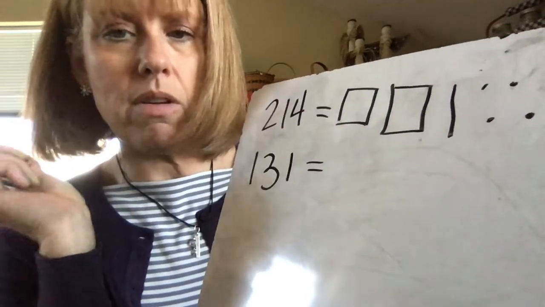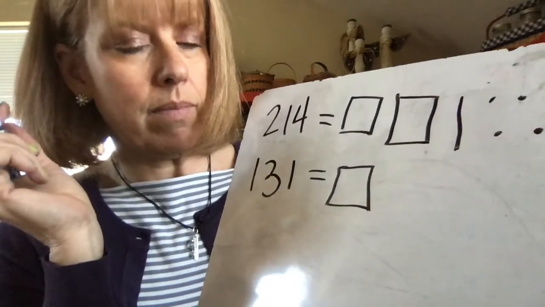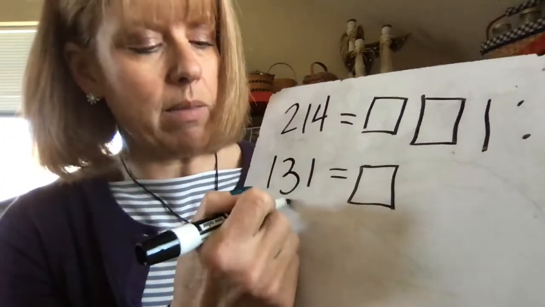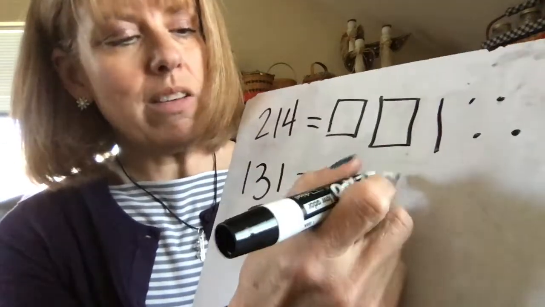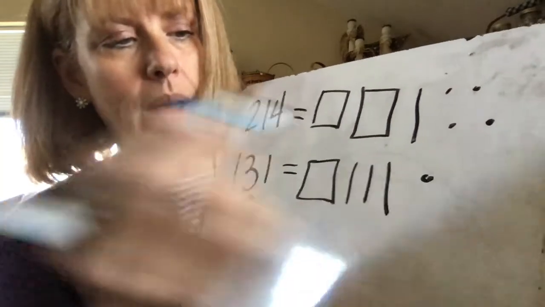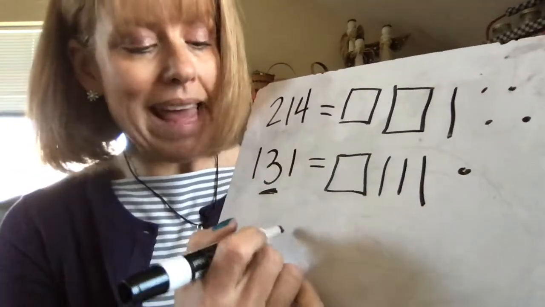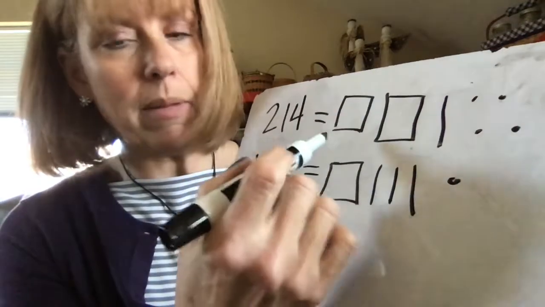How do I make 131? I have 3 tens. That's my 10 spot. 1, 2, 3. And how many ones? Just one. Now to get my answer, 214 plus 131, how much does it equal?